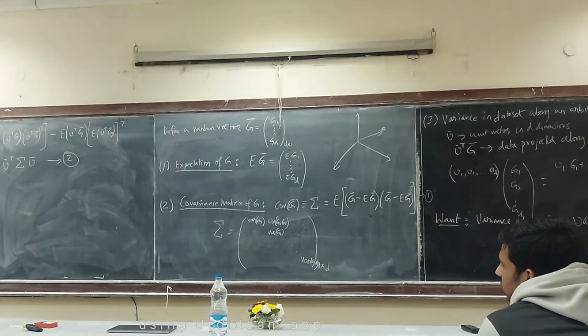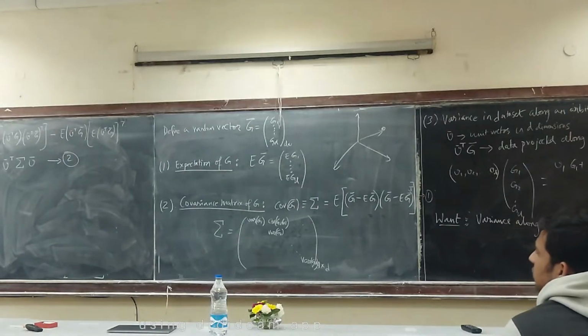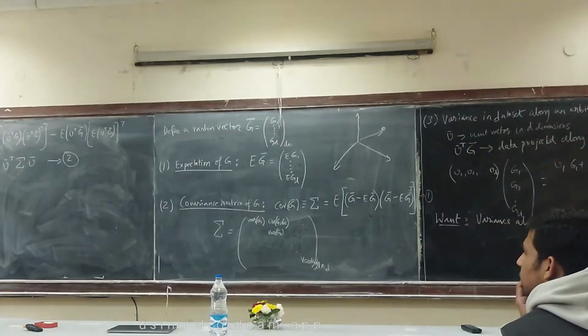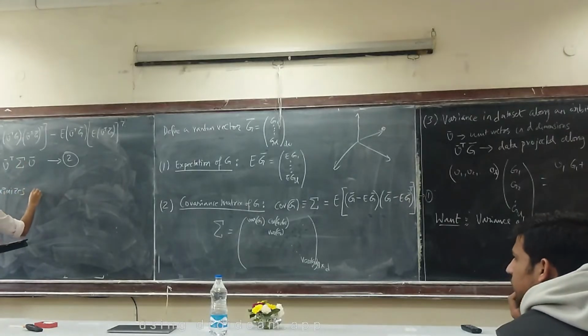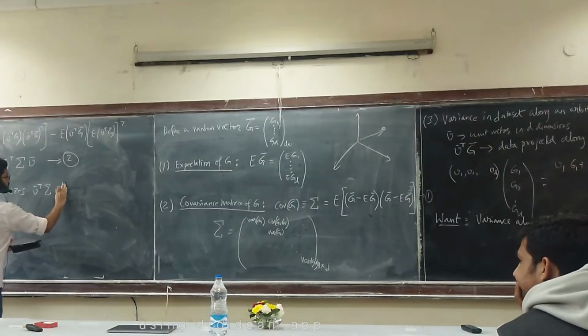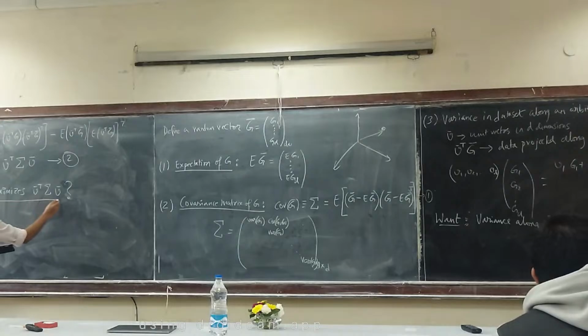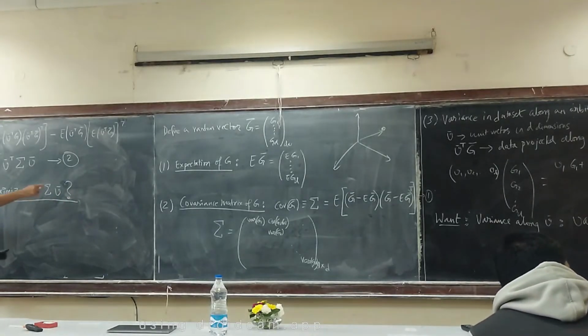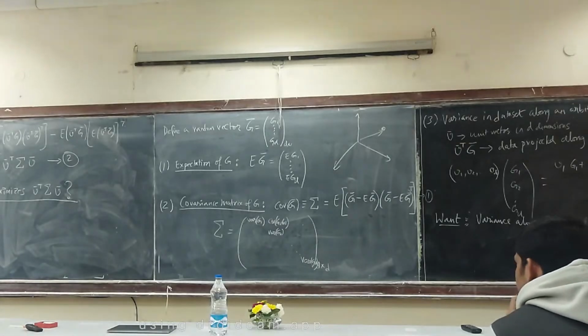What is left is for us to show what V maximizes this quantity here, V transpose sigma V. That's my question, right? What is that V that maximizes my variance along this arbitrary direction?